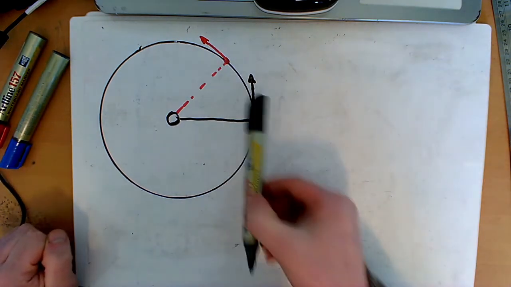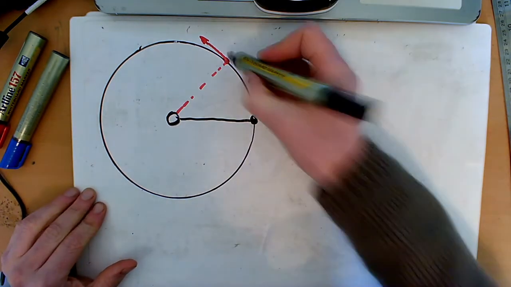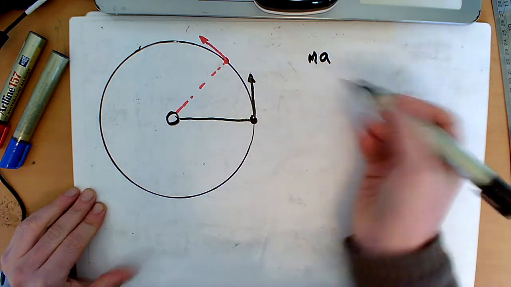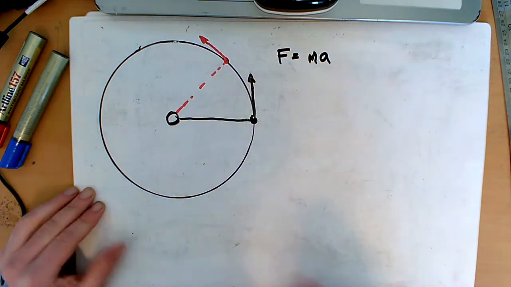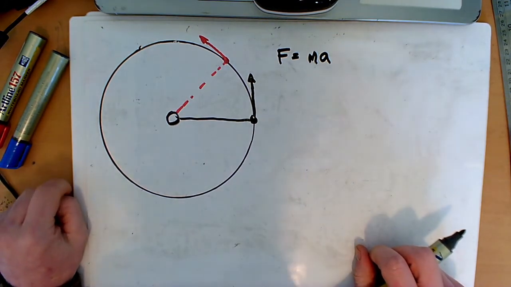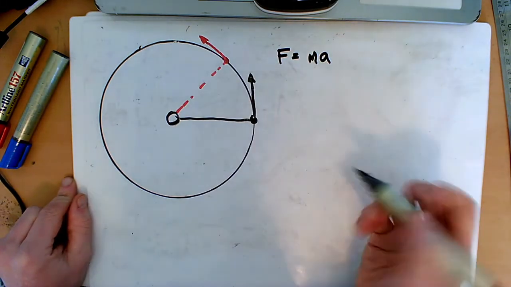The speed mightn't have changed, but its velocity has changed because there's an acceleration. And this is a stone, so it has a mass and it's accelerating, so then we have to have a force, don't we? And this force is what centripetal force is. This is the force that's providing this acceleration, that's turning it.